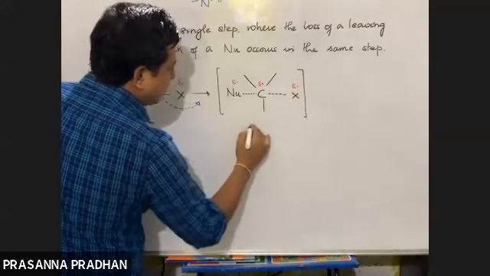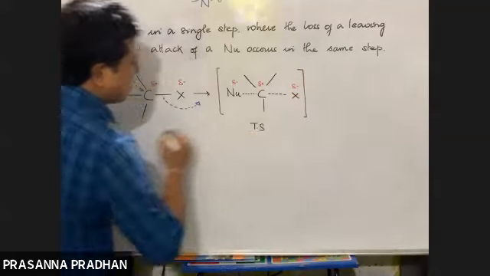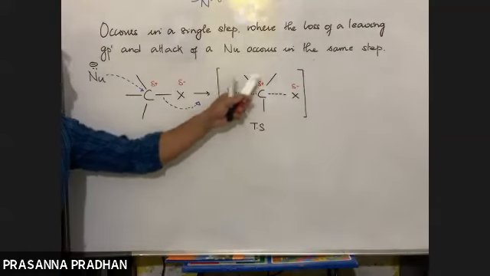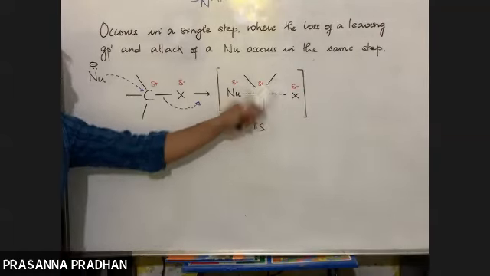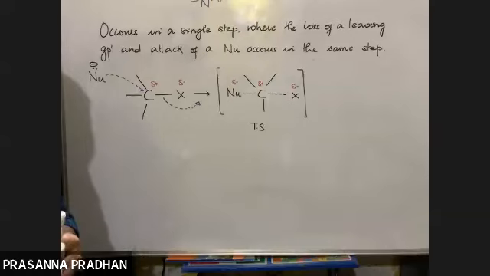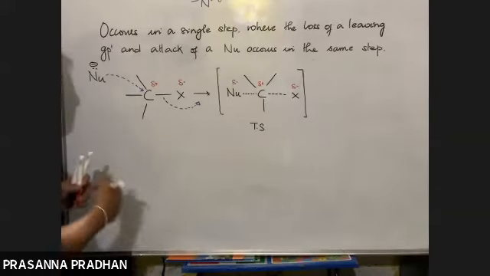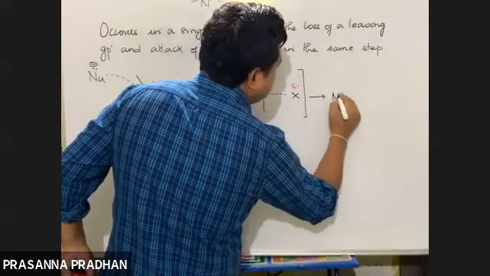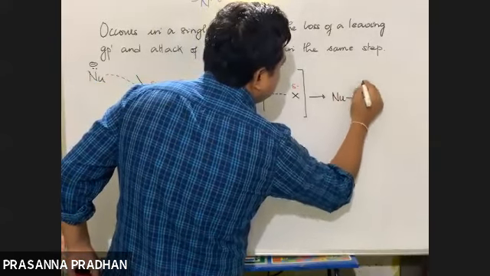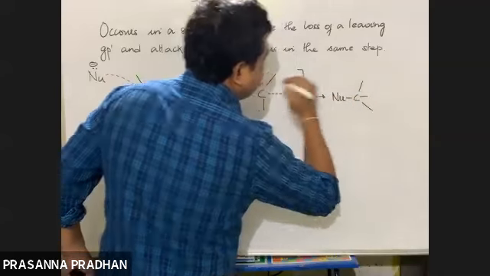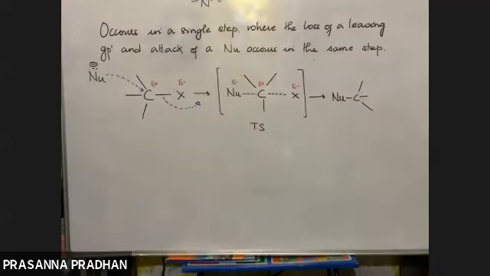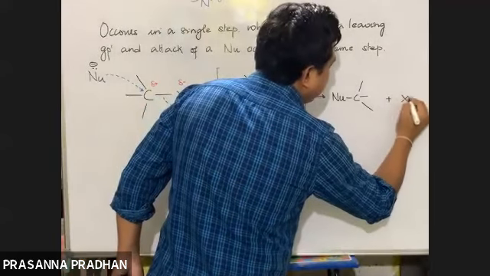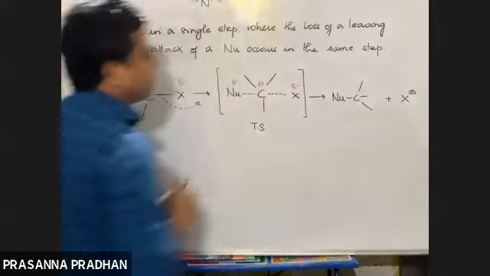Remember, in the transition state the carbon is pentavalent, bonded by five bonds. Since it is very unstable, it immediately decomposes to give the product. Ultimately there is a loss of the leaving group and the nucleophile forms a bond with the carbon.